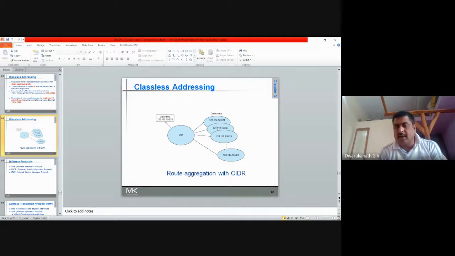So whatever range has the same bits, the router will automatically aggregate all of it into a single route and send it here. Afterwards, the address is taken into consideration, covering 24 bits, almost all of the 32 bits. In this way the classless addressing will be done. This is one of the important concepts.